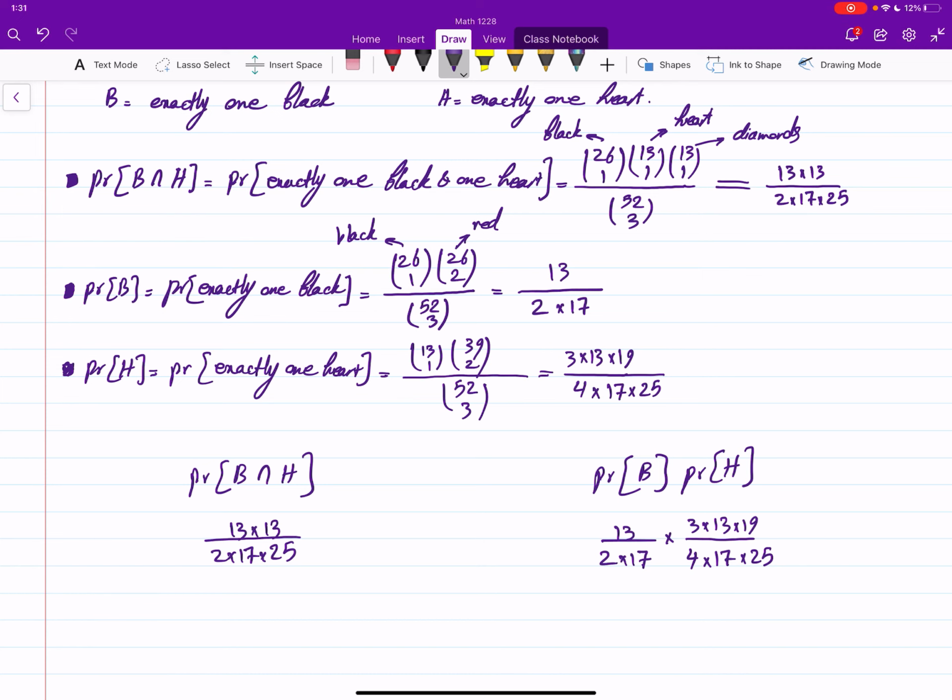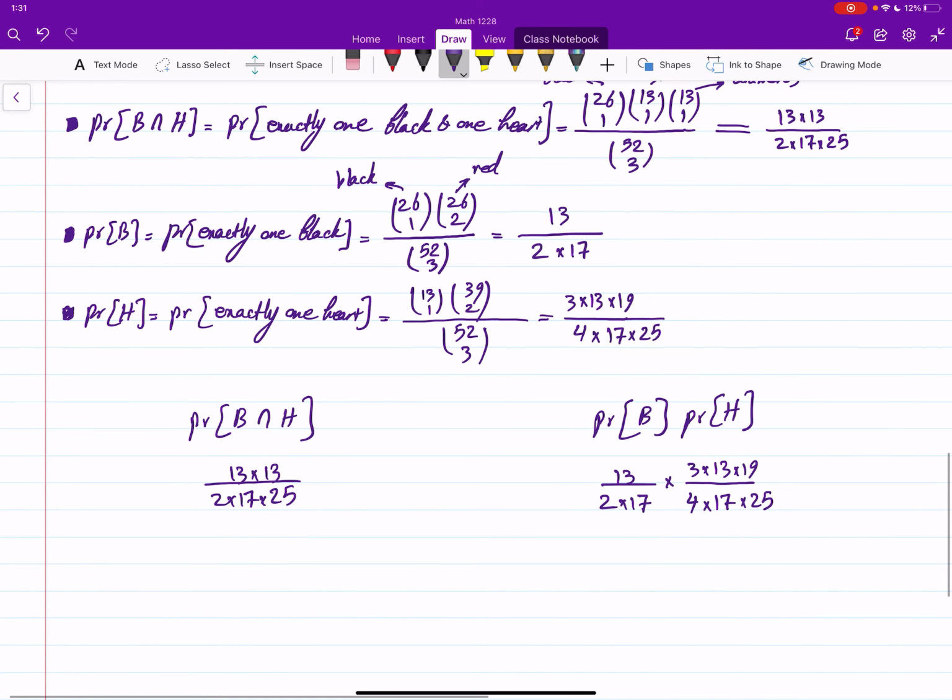If you set these two equal to each other, you notice that the 25 will go with that 25, the 17 will go with that, the 2 will go with that, and I can cancel the 13s as well. But what will stay is that we are trying to see if 1 is equal to 3 times 19 divided by 4 times 17, which is obviously not equal.